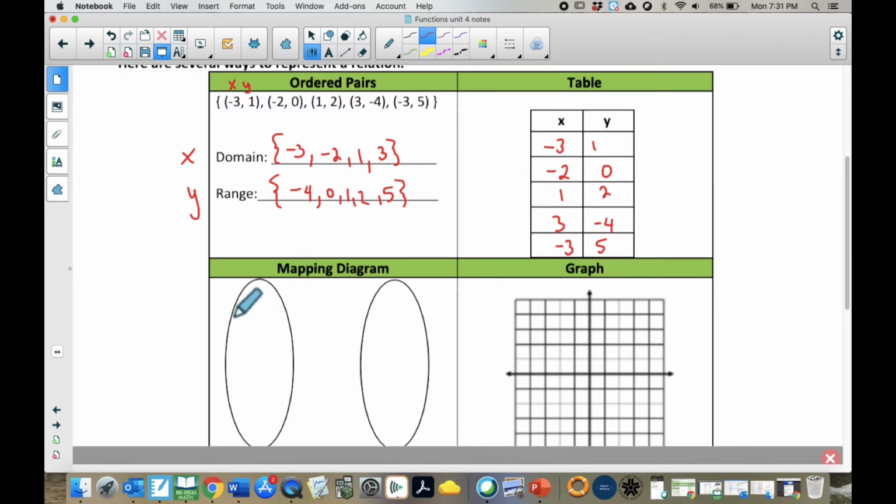In a mapping diagram, we typically put our x values over here in this oval, and we put our y values over here in this oval. So I'm going to do that. All these numbers that I had in the domain, I'm going to put in my x, and everything I had in the range, I'm going to put in the y. Now you guys have seen these before. This is where we then start matching them up, like which one goes with which. So like -3, it goes with the 1, and -2 goes with 0, and so forth.